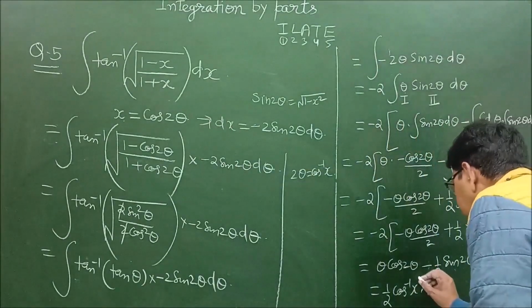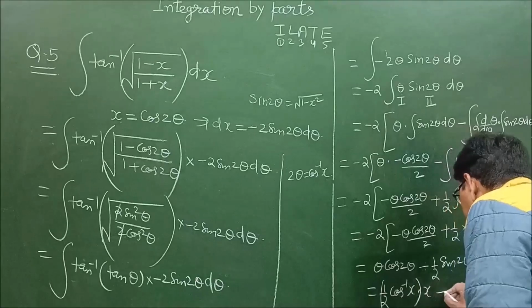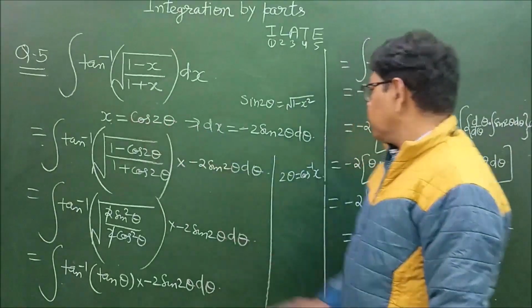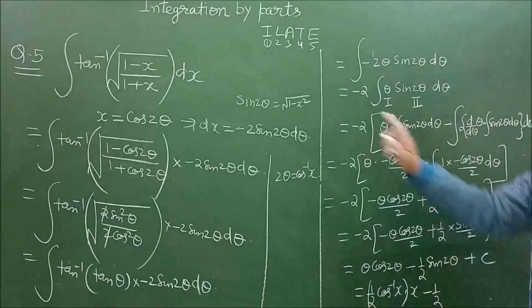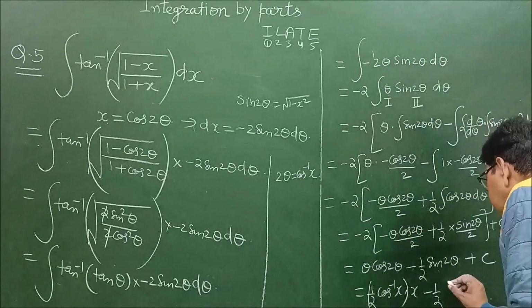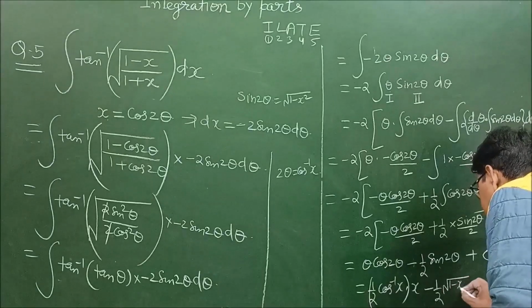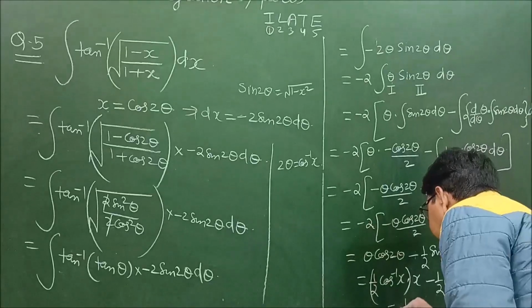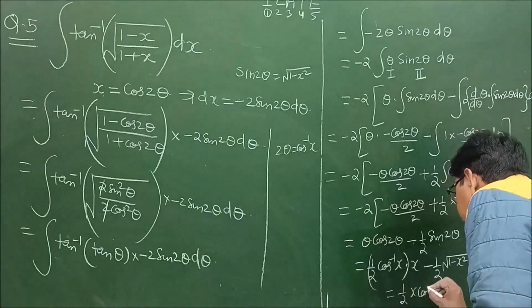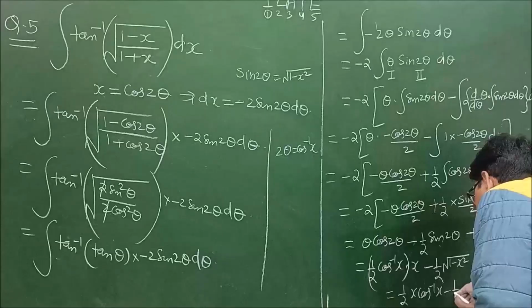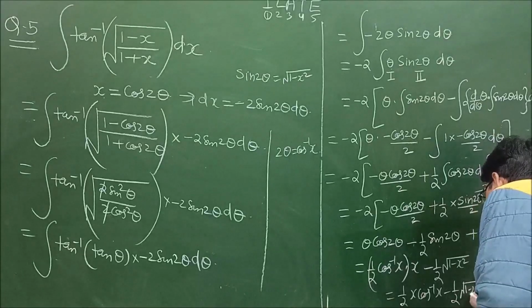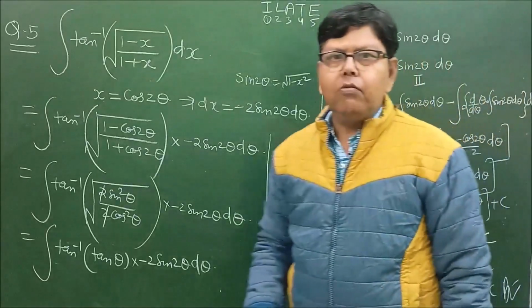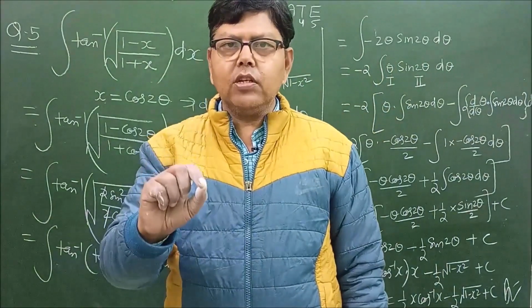So half cos inverse x into x minus half into sin 2 theta, where sin 2 theta is equal to under root of 1 minus x square, plus c. So the final answer is half x cos inverse x minus half under root 1 minus x square plus c. With this question I conclude this session.